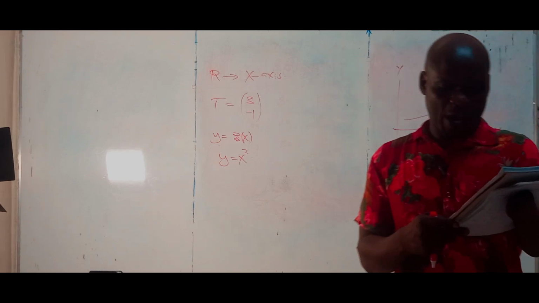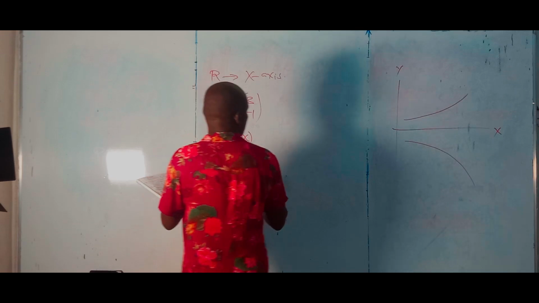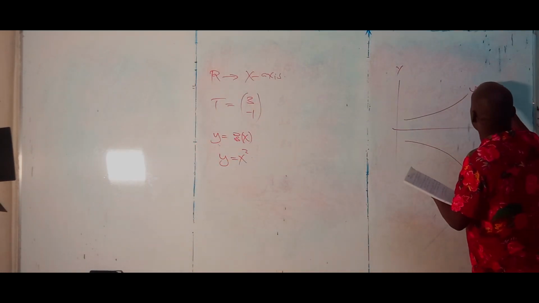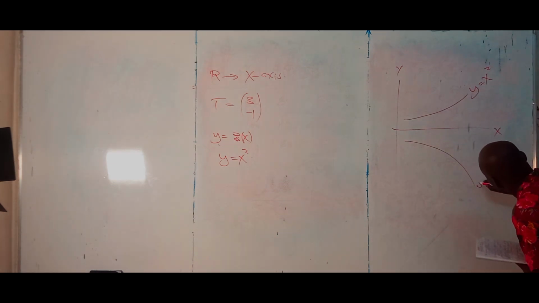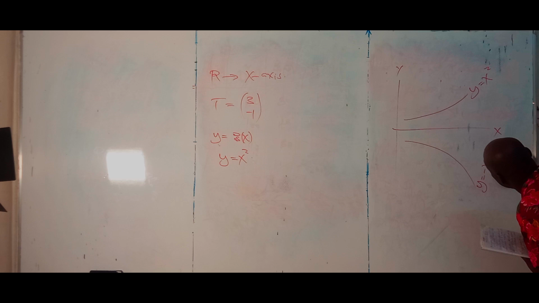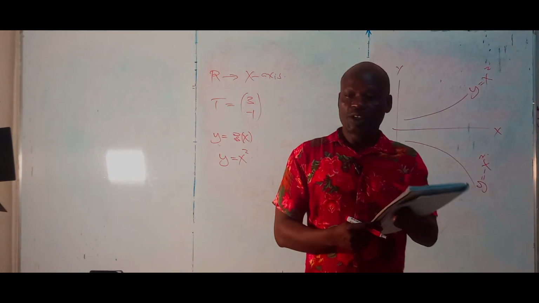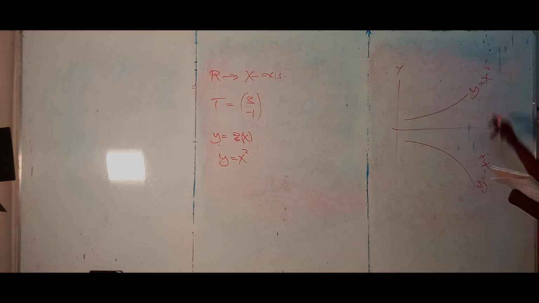The equation y = x squared becomes y = minus x squared. So that is the first thing: it has changed from this to this.